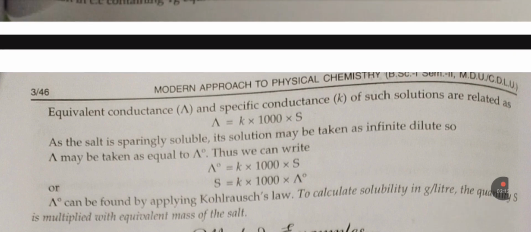So, lambda may be taken as equal to lambda naught. Thus, we can write lambda naught equals kappa into 1000 by S.